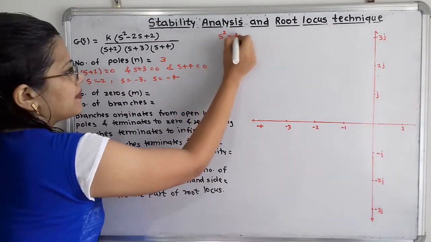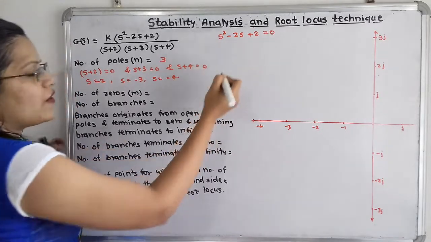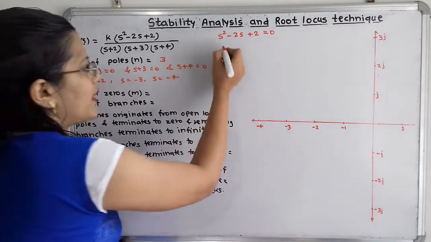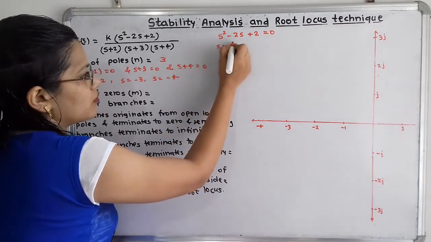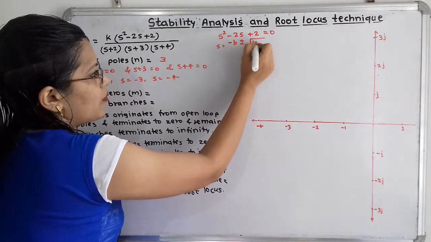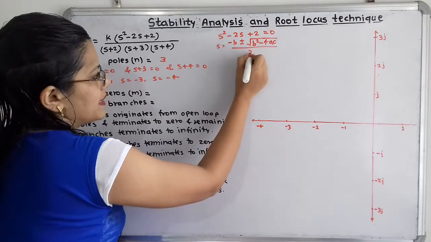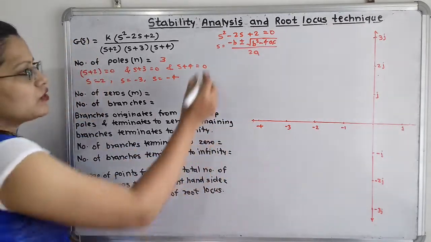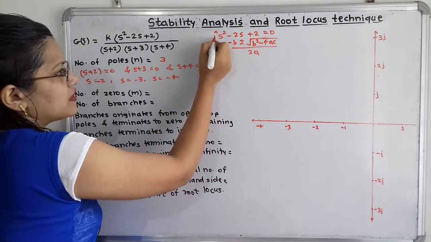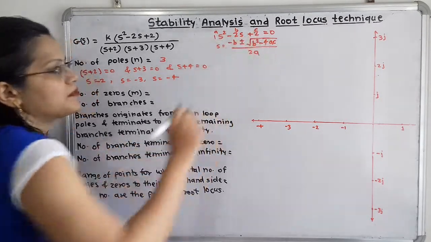Now we will write the formula to find the roots, in the form of a, b, c: minus b plus minus under root of b square minus 4ac divided by 2a. Now what are a, b, c? The coefficient of s square is 1, that is a; the coefficient of s is minus 2, that is b; and c is plus 2.